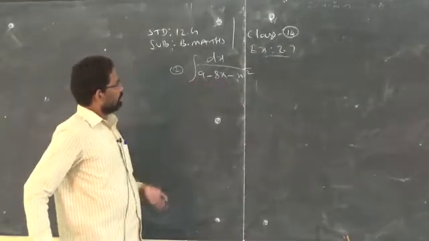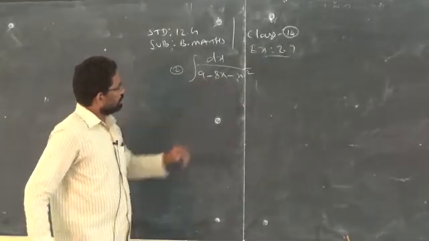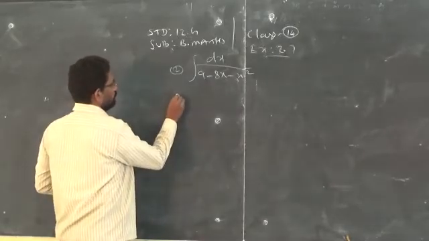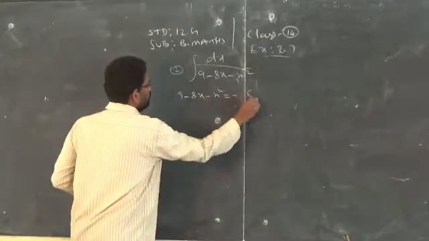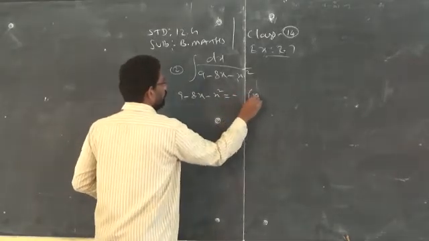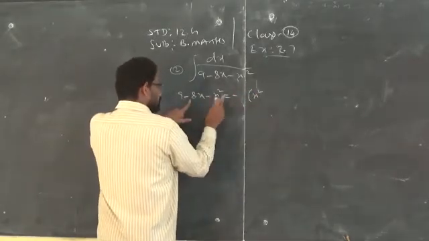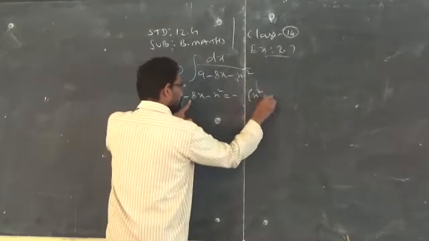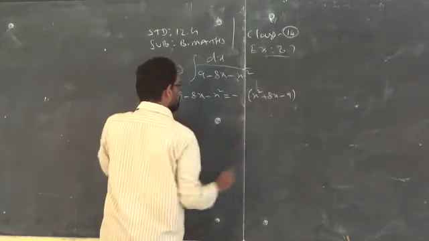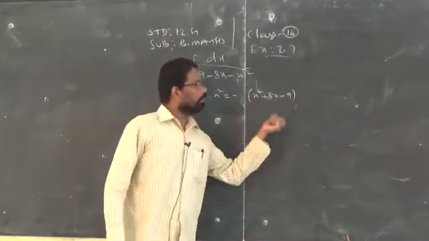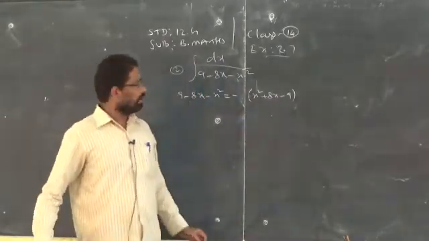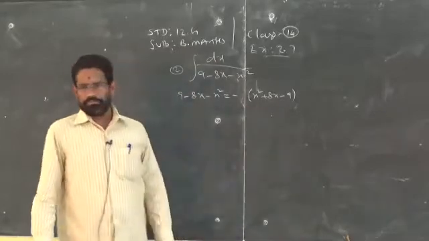To apply partial fractions, first you have to rewrite it in standard quadratic form, that is 9 minus 8x minus x square. You take minus outside, you will get x square, minus will become plus, this minus also will become plus, this will become minus, plus will become minus. So I told you already that you go for the partial fraction method or the formula method. Clear?